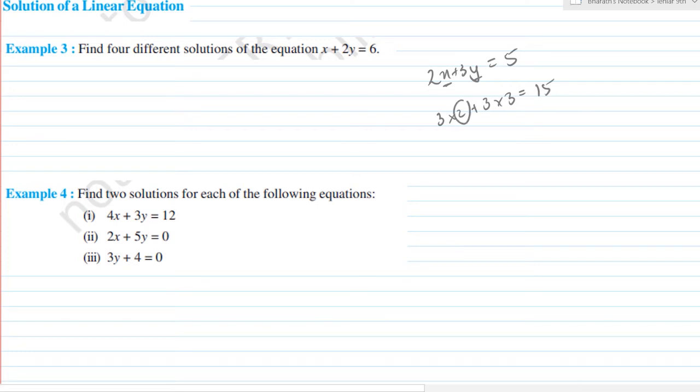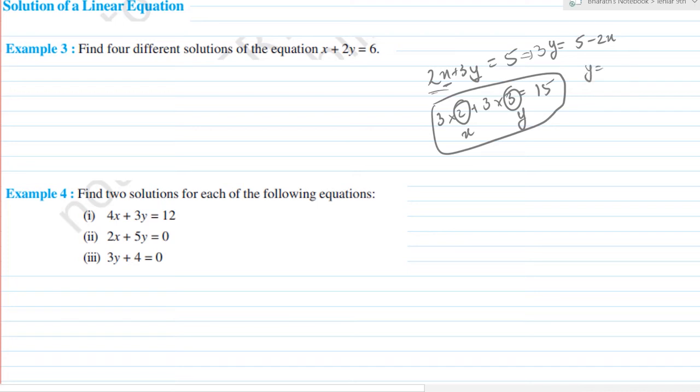In this, 2 is our x and 3 is our y. In the same way, in this question, you just take any value. Keep y on the LHS and send all other terms and numbers to the RHS, so 5 minus 2x and the 3y.